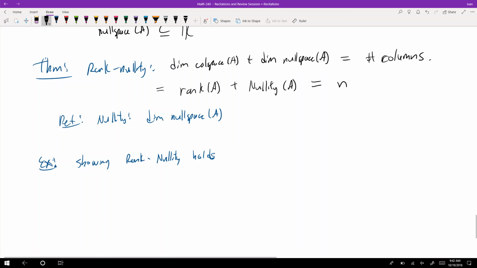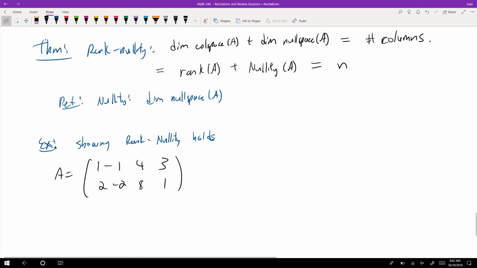Okay. So let's take this matrix A is equal to 1, -1, 4, 3, 2, -2, 8, 1. Okay, so let's find the column space of A first.